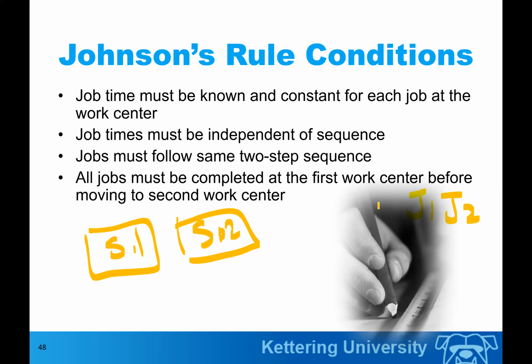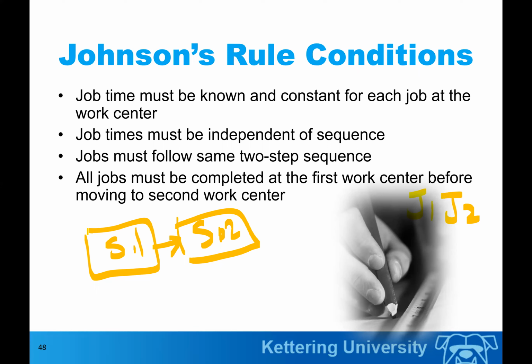Jobs must follow the same two-step sequence. So if job 1 goes through S1, S2, then jobs 2, 3, 4, all the way to job N must follow the same sequence. Also, all jobs must be completed in the first work center before moving to the second one.